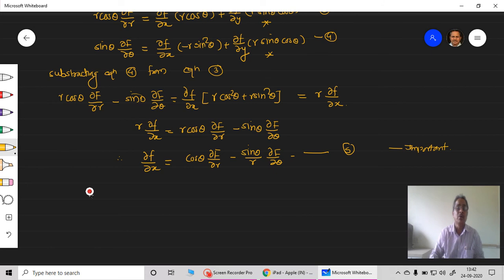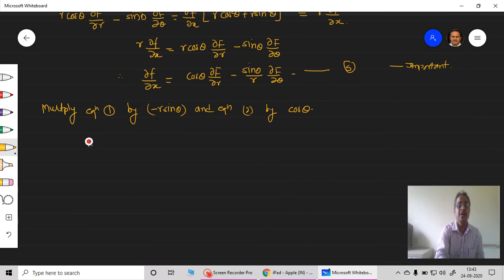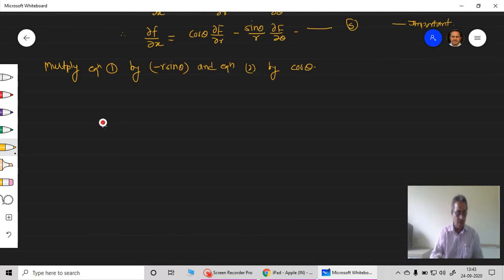So multiply equation 1 by a negative term, minus r times sin theta, and equation 2 by cos theta. You already have all these equations, so let's check what we will get when equations 1 and 2 are converted.